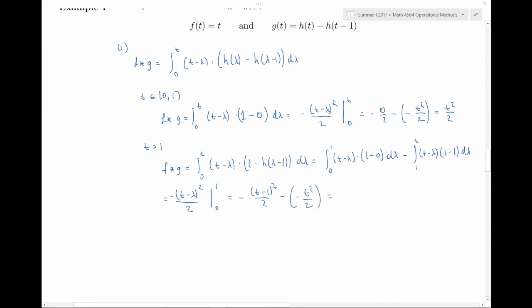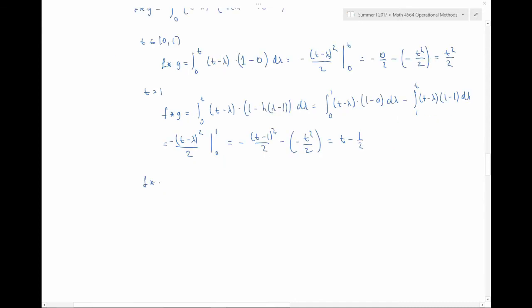Simplifying this gives us t minus 1/2. Therefore, the convolution of f and g can be expressed as a piecewise function. It's t squared over 2 for t from 0 to 1, and it's t minus 1/2 for t greater than 1.